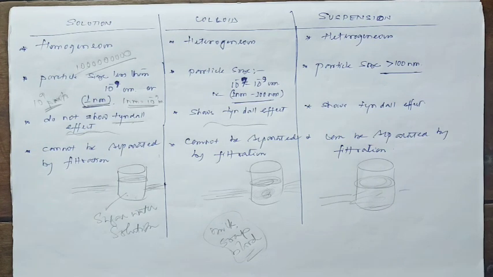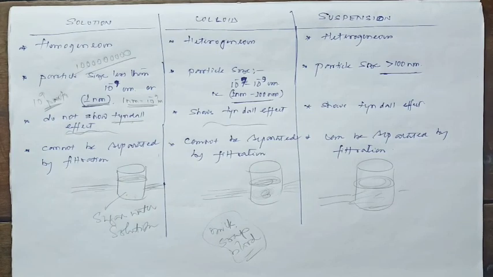That's why sometimes we call a colloid a colloidal solution. So to distinguish solutions and colloids, we can use one property, the Tyndall effect. Solutions do not show the Tyndall effect, but a colloidal solution does. That's how we can distinguish solutions and colloidal solutions.